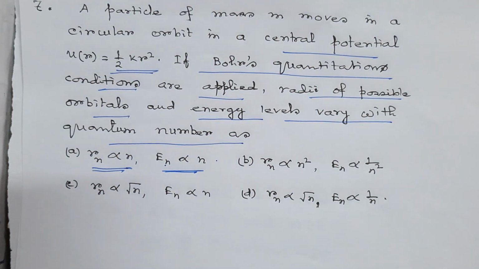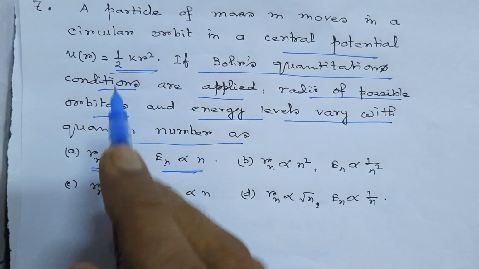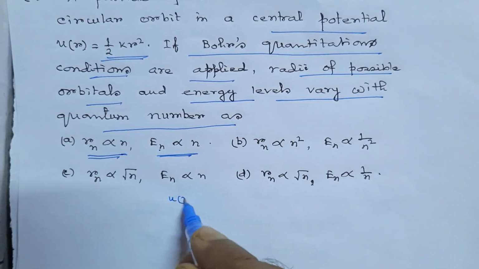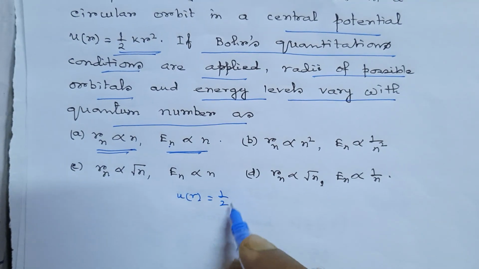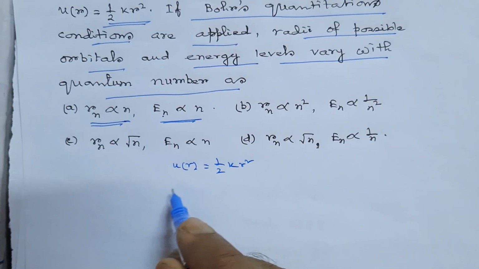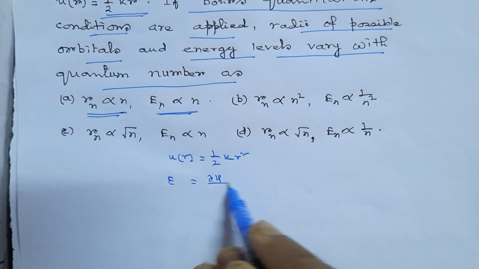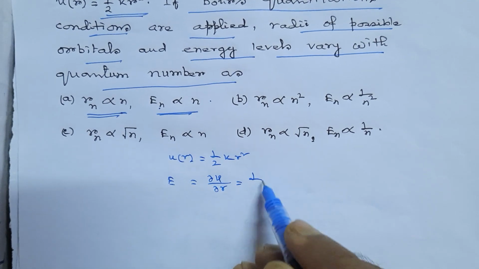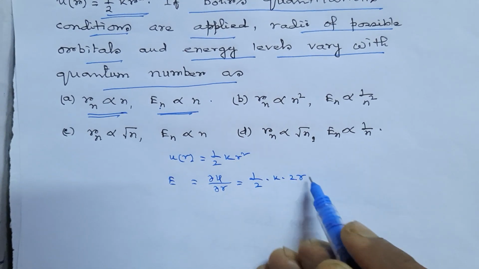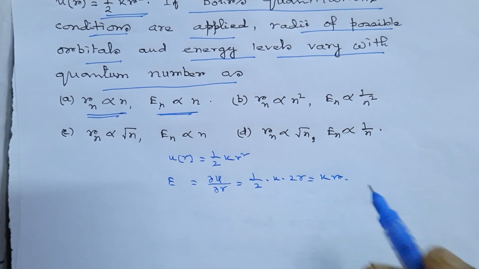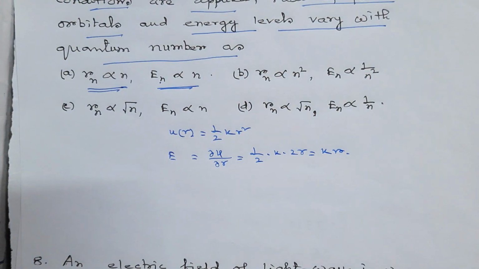First of all, the potential function U(r) is given as half k r square. We know that the force equals dU by dr equals half k into 2r, that is kr.